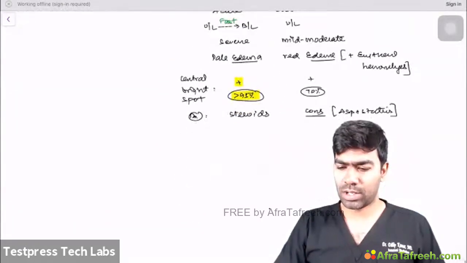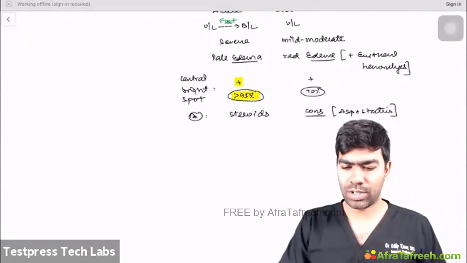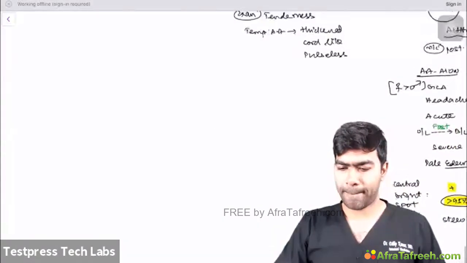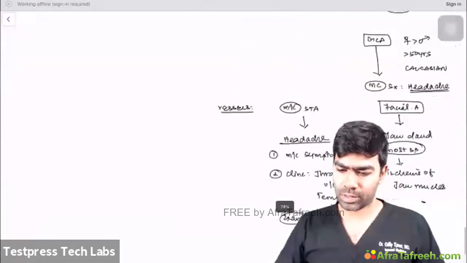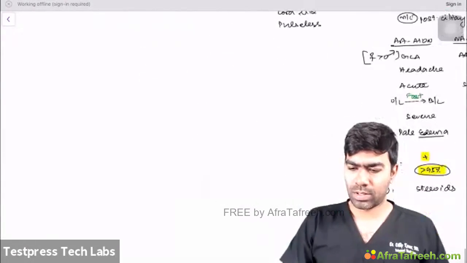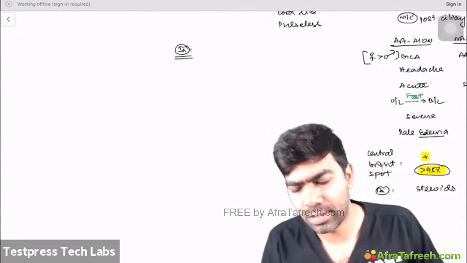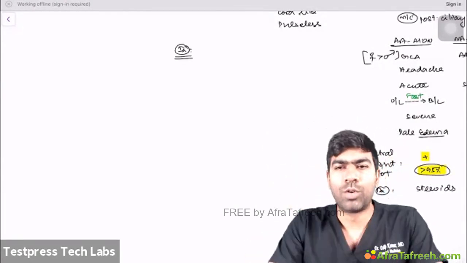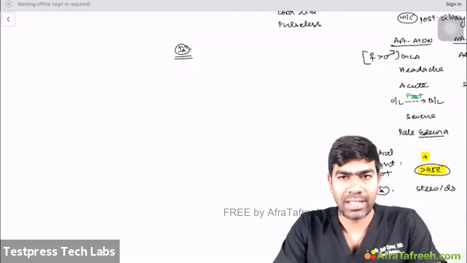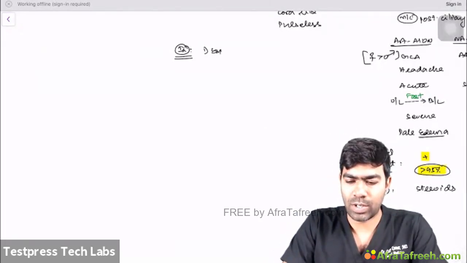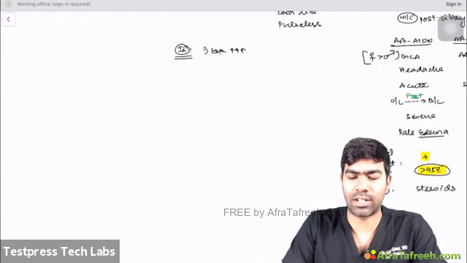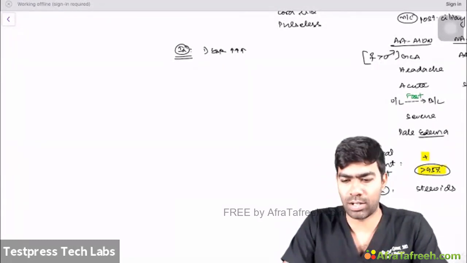Then what about the investigations? What investigations can you do in giant cell arteritis? So investigation wise, the most important investigation that you will be getting in exam is the ESR, an acute phase reactant, because giant cell arteritis is one condition where you'll have an extremely high ESR, like even we have seen 100, 200, that kind of ESR.